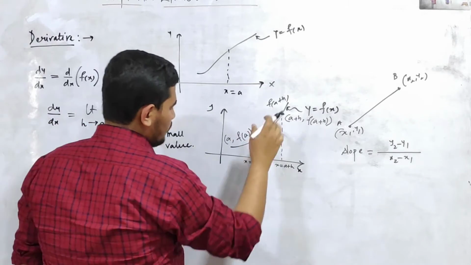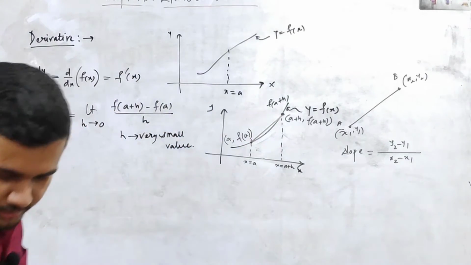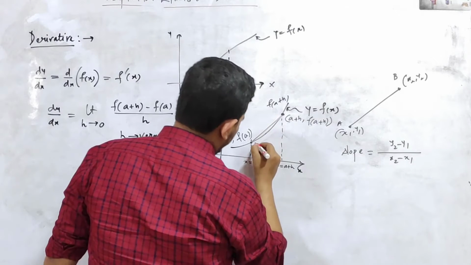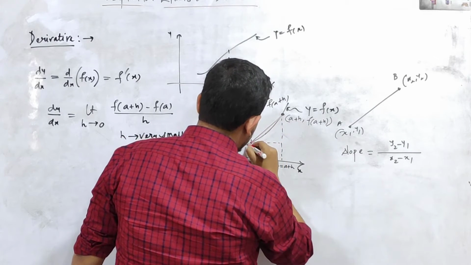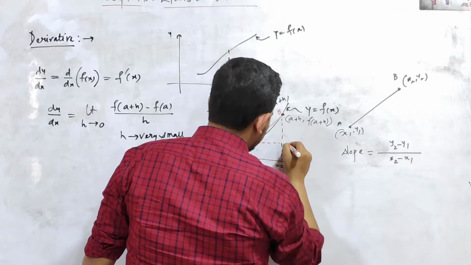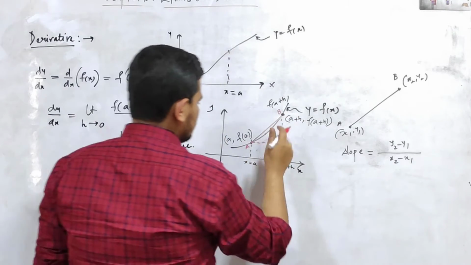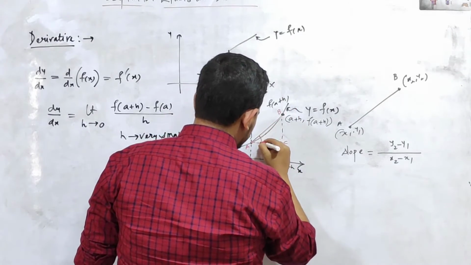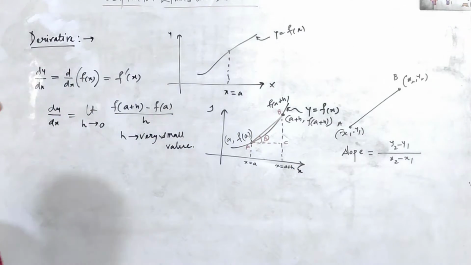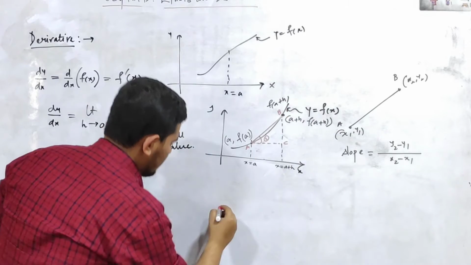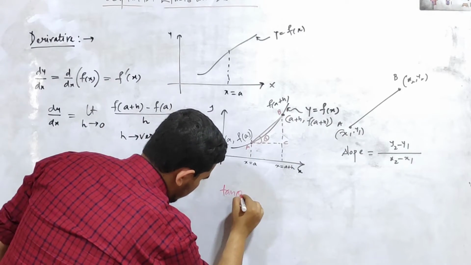To determine the slope, I draw a perpendicular here, and this forms a triangle. I denote the angle of this triangle with theta. Now to get the slope, I write tan theta.